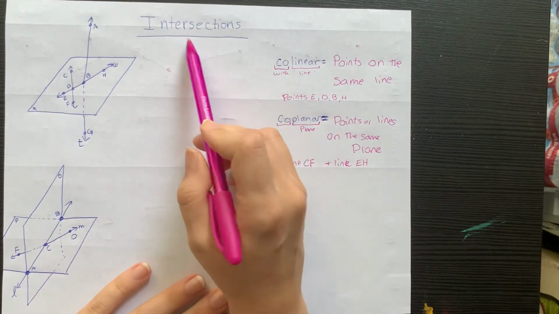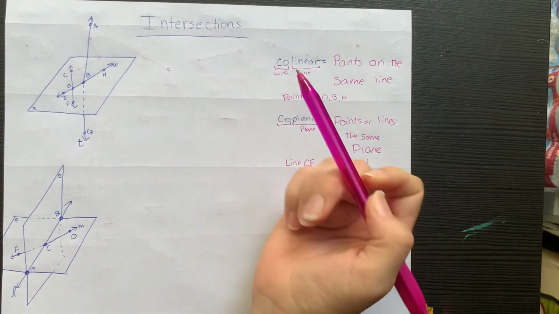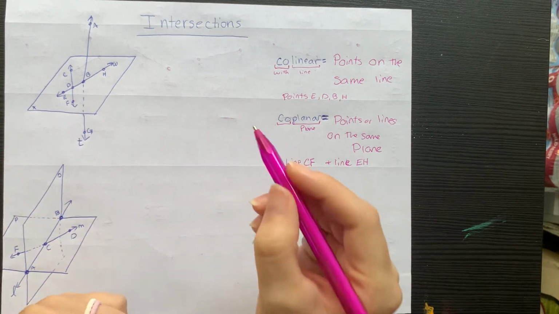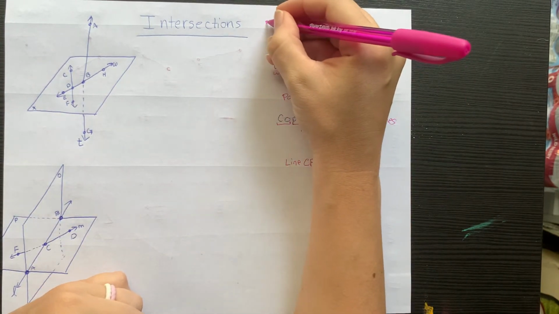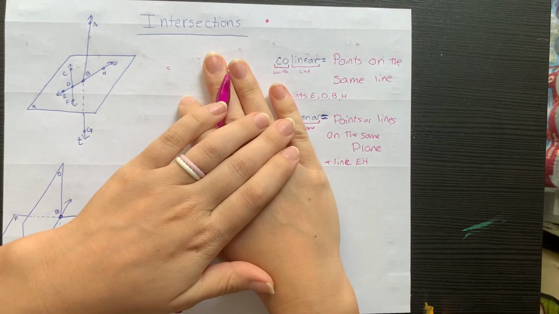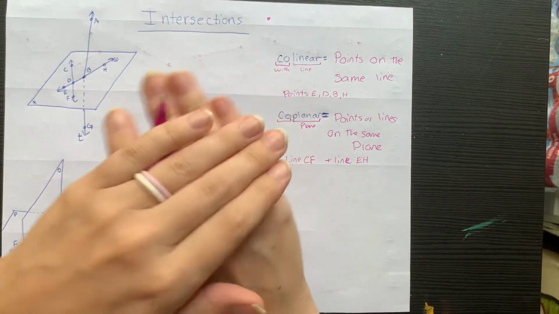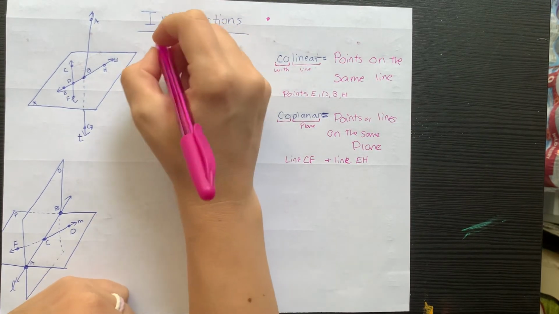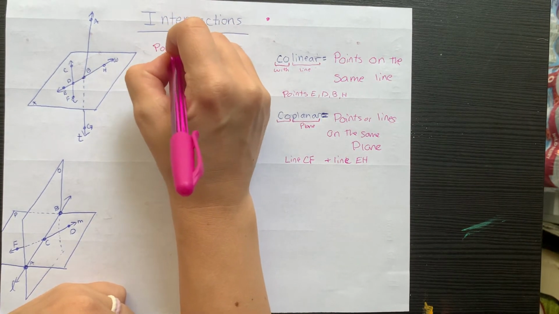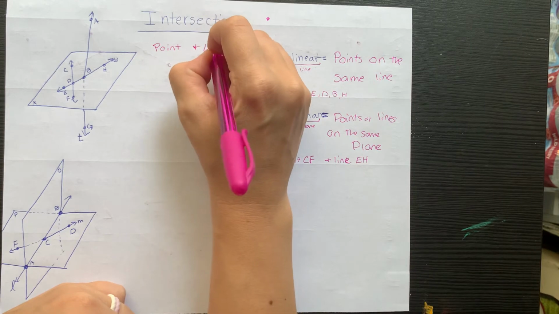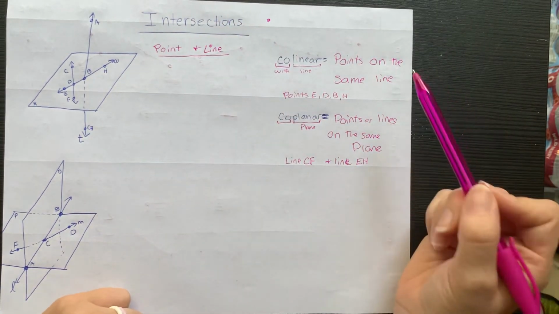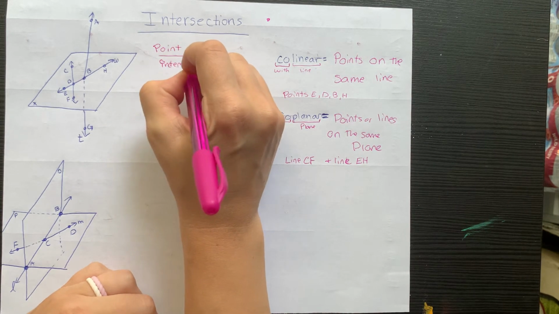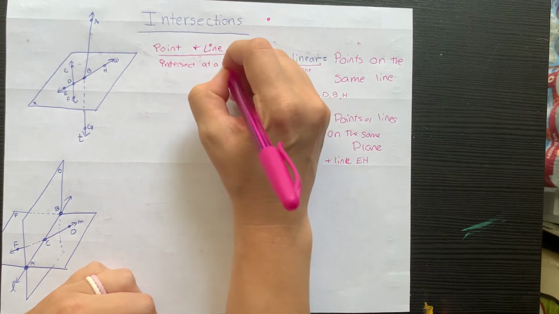Back to our intersections. So we have a few different ways you can have intersections. So first of all, if I had 2 points, they aren't going to really intersect. I could put a point on top of a point, and it could overlap, but that's not really an intersection. So an intersection could be between a point and a line. If I have a point and a line intersect, they intersect at a point, right?